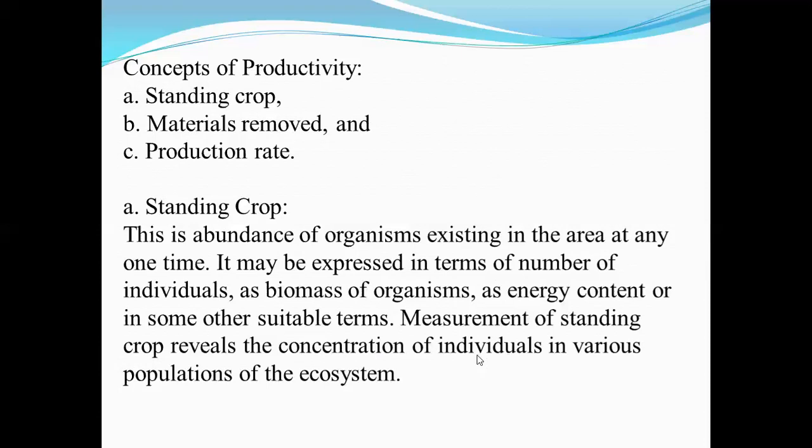So, we can say 10 oak trees, 100 maple trees, or 45 maple trees, 10 buttercups. Like this, we can give the number of the standing crop, and that shows the concentration of those particular individuals in that particular ecosystem. So population of buttercups or population of oak trees or population of maple trees, these are nothing but the measurement of standing crop.